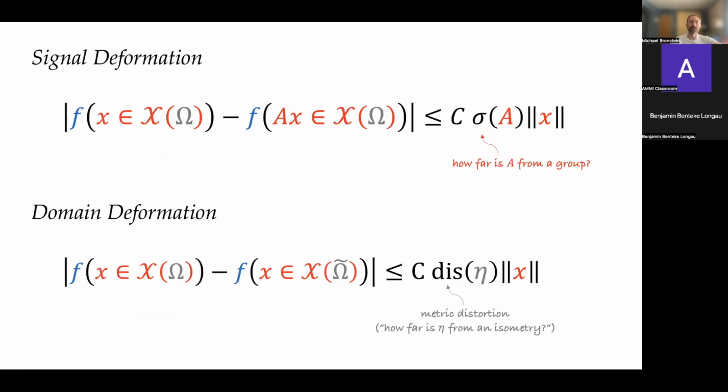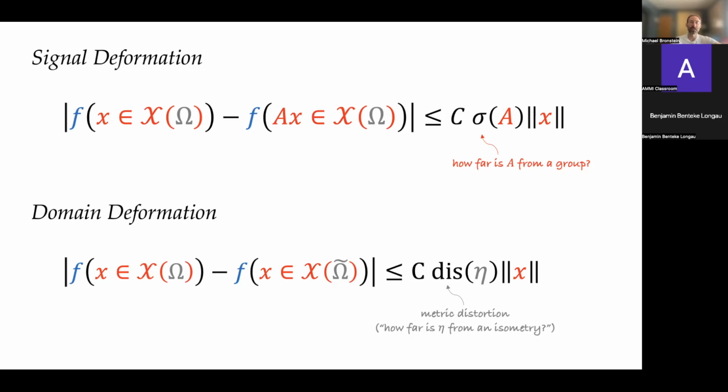Now, in the same way as we had some relaxed notion of this, if I have approximate invariance, we could measure how far this deformation is from a group, and we can bound the change in the value of the function, right? That was crucial for convolutional neural networks, for example. We can also do something similar for the domain deformation.